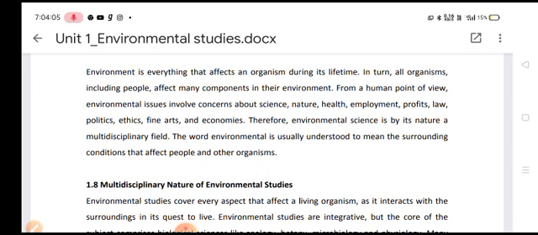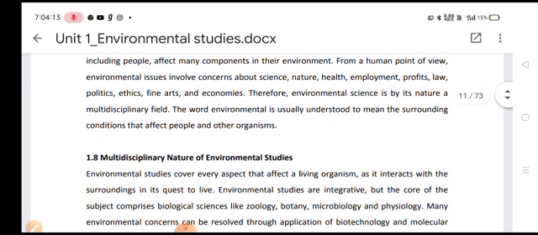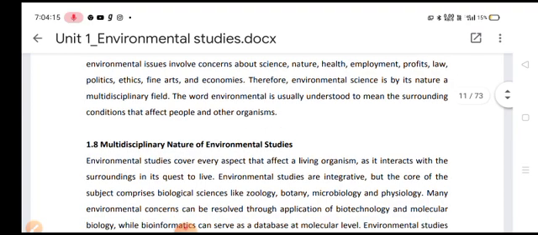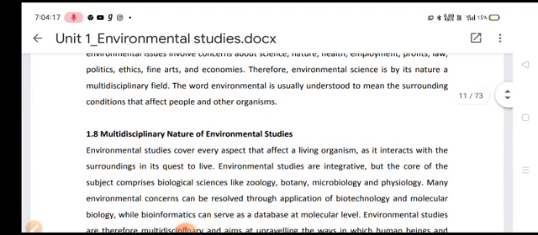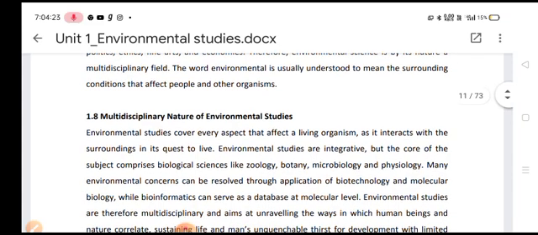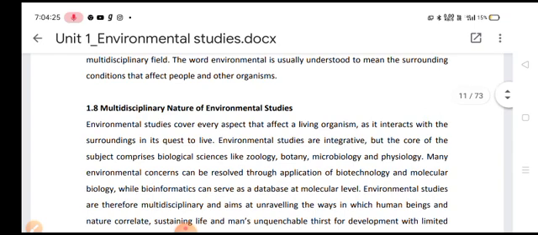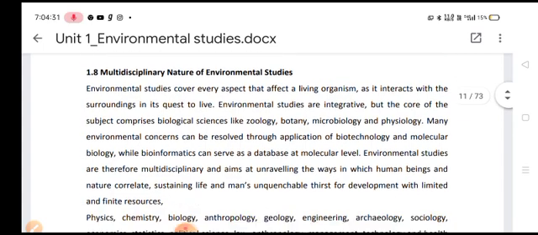From a human point of view, environmental issues involve concerns about science, nature, health, employment, profits, law, politics, ethics, fine arts, and economies. Therefore, environmental science is by its nature a multidisciplinary field. The word environmental is usually understood to mean the surrounding conditions that affect people and other organisms.